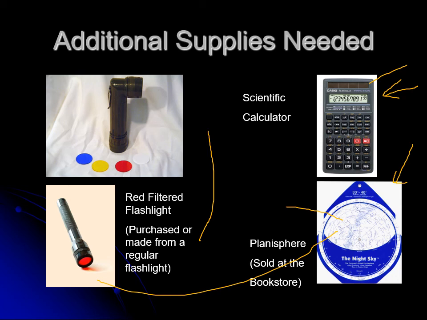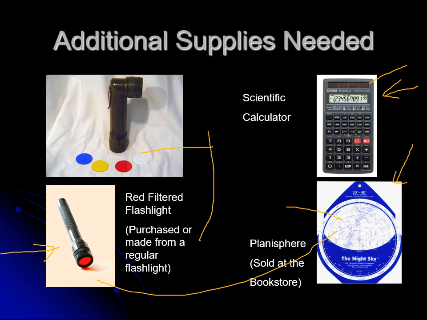You can get one by buying one that has a red filter, like they sell for hunting and outdoorsmen, or you can get a regular flashlight and put cellophane or something red on the front of it to make a red lens. Or there's actually an app you can download for your phone. For my Android phone, there's something just called Red Light that turns the screen into a red flashlight.